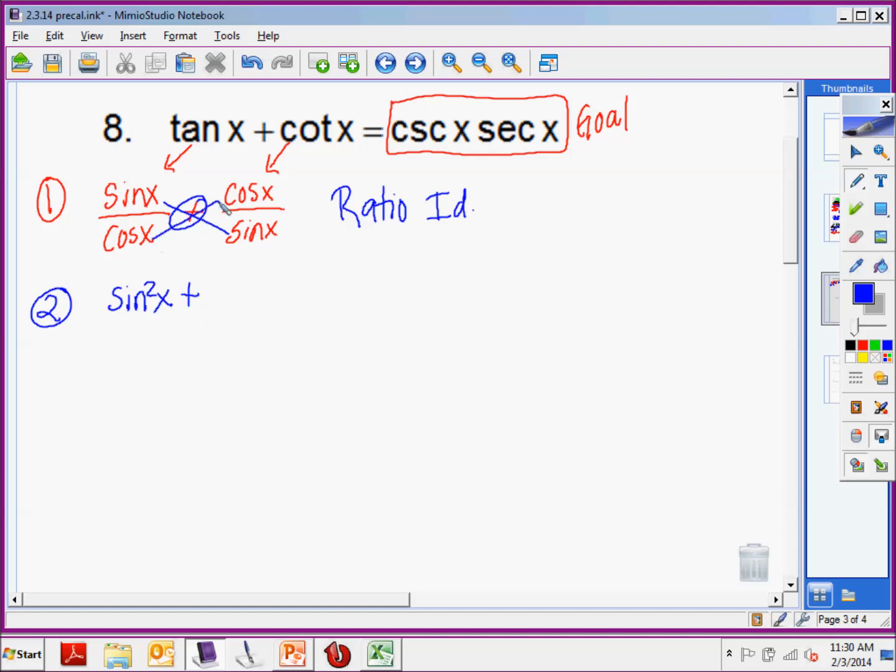My other chopstick is cosine times cosine, and my bowl is the denominator. All I did there was rice in the bowl with chopsticks. All I did was arithmetic.